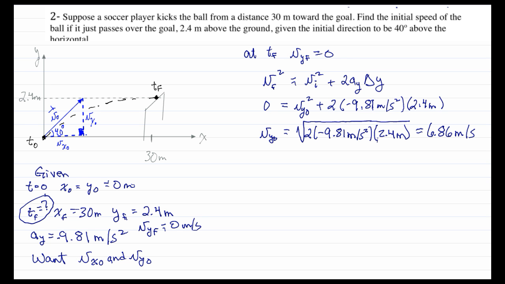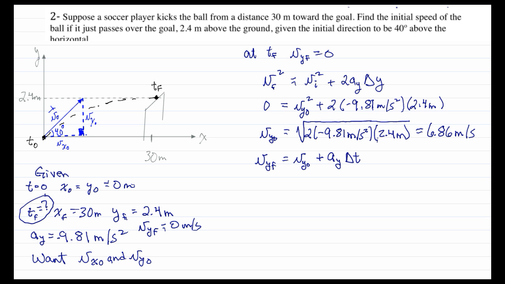We can now find the time it takes to reach that maximum height. We know that our final y velocity is equal to our initial y velocity plus our acceleration times delta t.